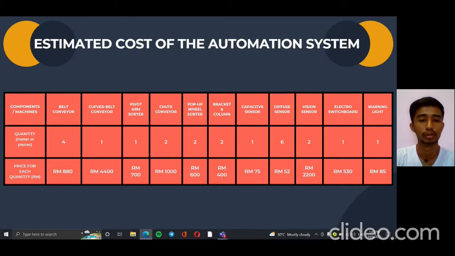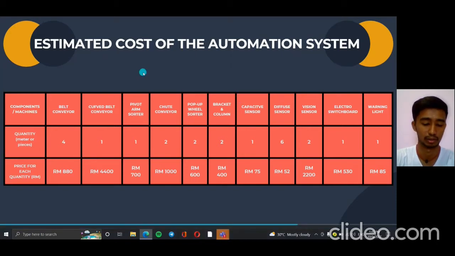So first of all, my part of the presentation is explaining about the estimated cost of the automation system that we have built, and second, the advantages of the automation system. So without any delay, let's start with the estimated cost.